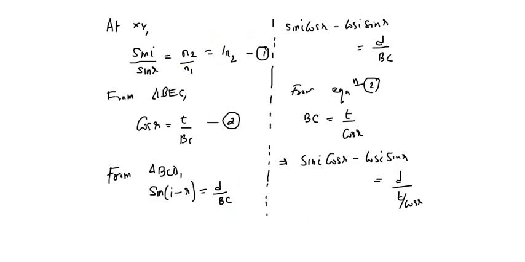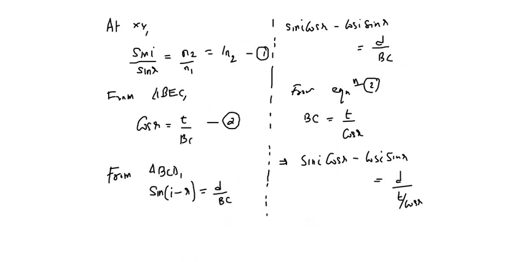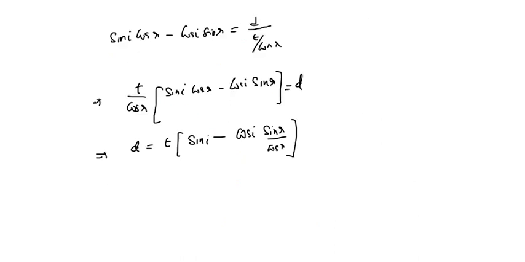Right. So what we can do now, if you look at this relation, we know from equation 1, sin I by sin R is equal to n2 by n1.